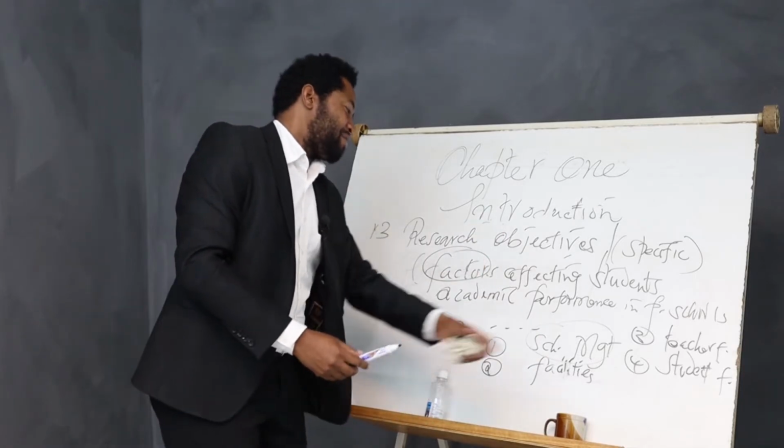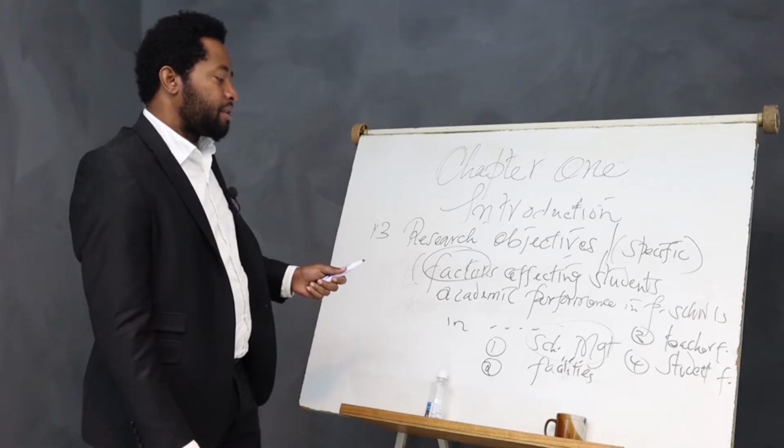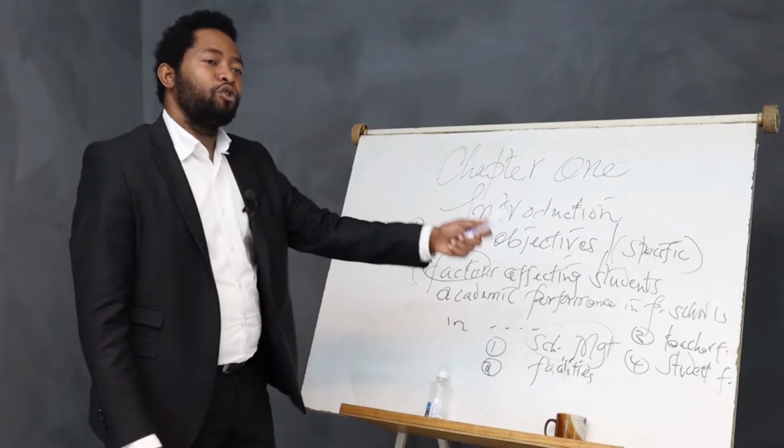Let me give you an example of the first parameter, school management. I may put it as an objective to examine the extent to which school management affects students' academic performance in public secondary schools in that area.